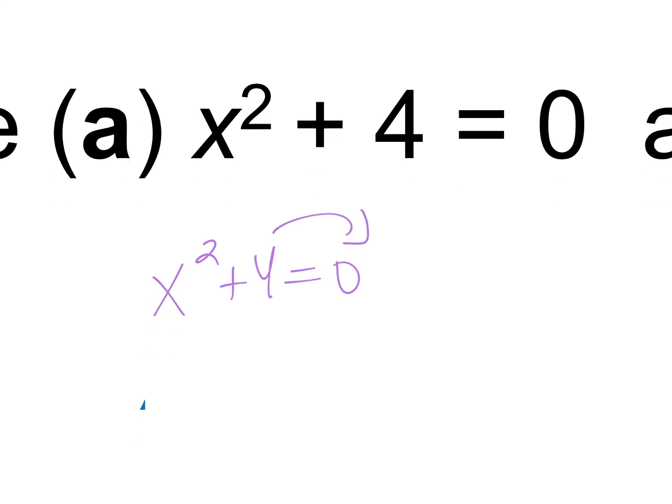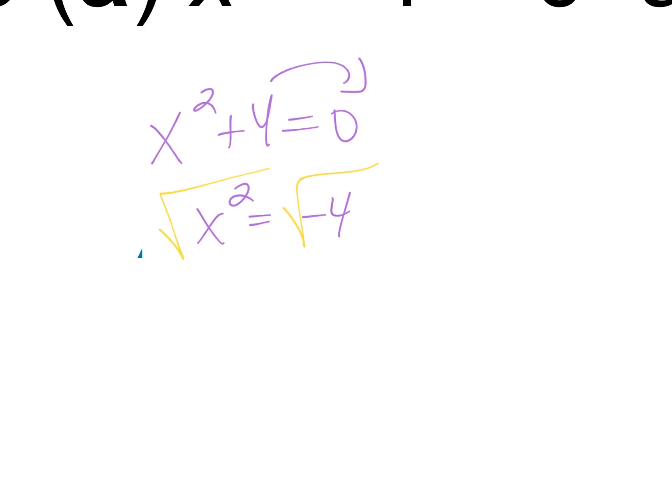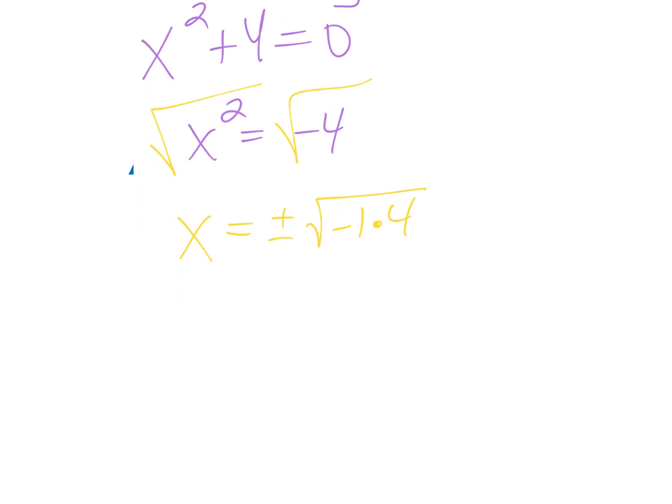Move the 4 to the other side, becomes x squared equals negative 4. Then take the what? Take the square root. Remember, if you need to do this to help yourself remember, when you put the square root on, you need a plus or minus. And this is really negative 1 times 4. What is the square root of negative 4?